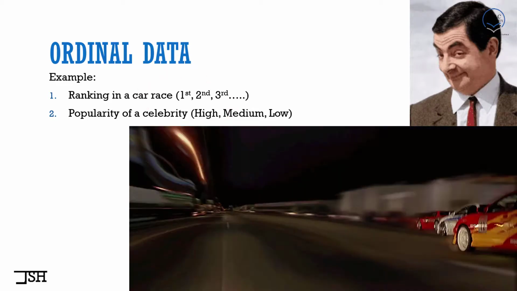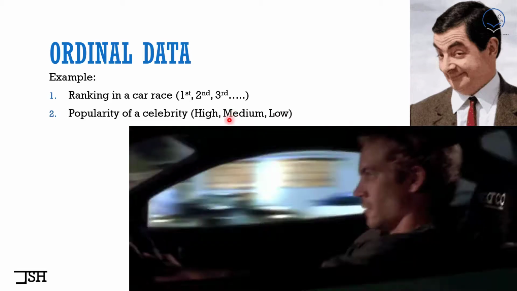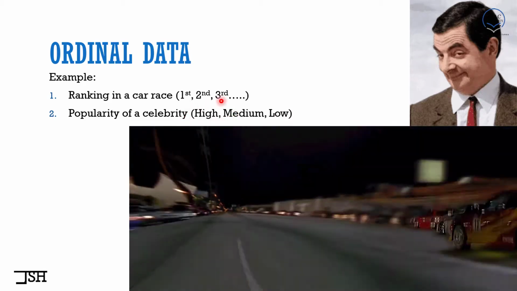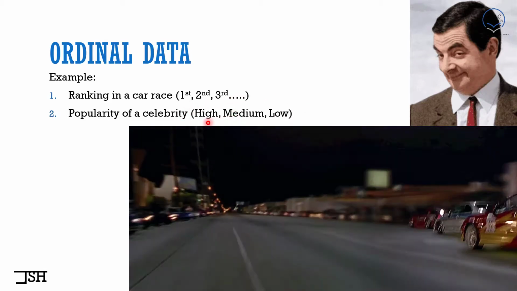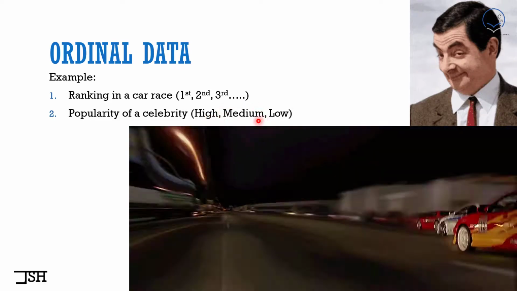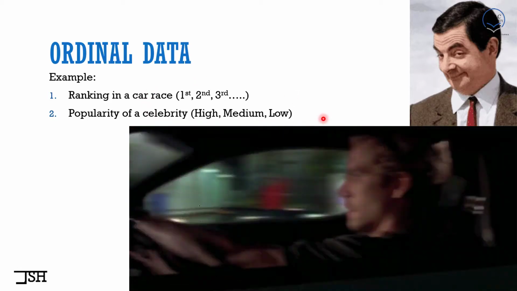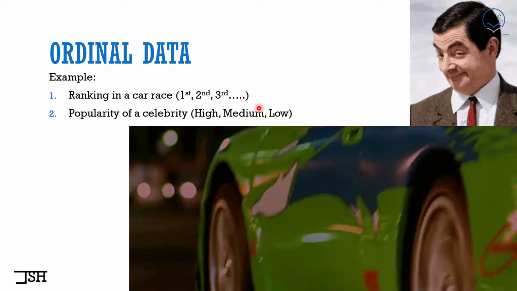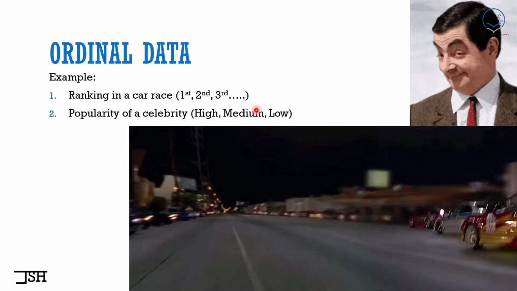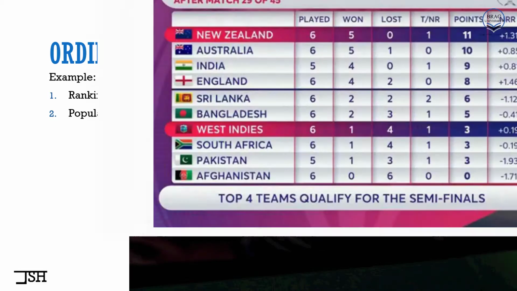So high, medium, low. So these are three different categories. And at the same time, there is a given order in between these categories. High comes first in the order, then comes medium, and then comes low. So as this piece of data has both the characteristics of categories and order, we are going to classify this data as ordinal data.